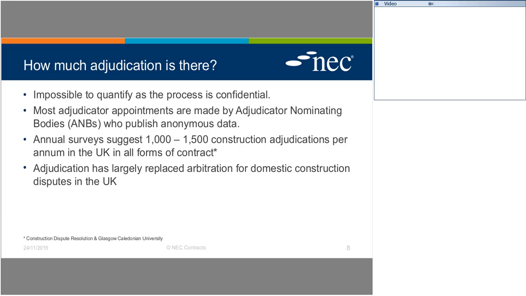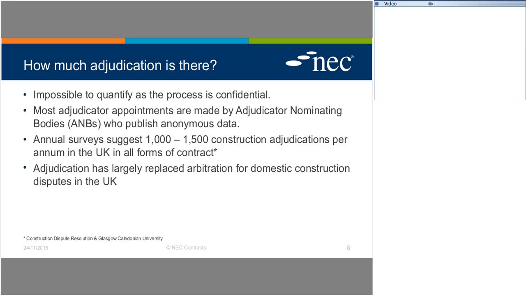I bumped into the person who runs the ICE panel earlier this morning, and we are close to 100 appointments of adjudicators at the ICE this year. Yeah. Which is higher than it's been for some time, I understand. Some of the other adjudicator nominating bodies publish their statistics, some don't.